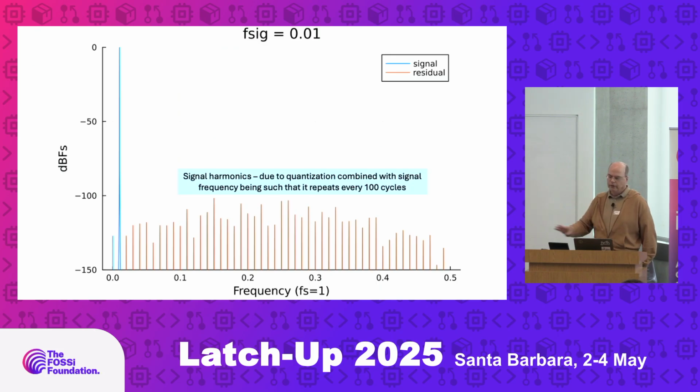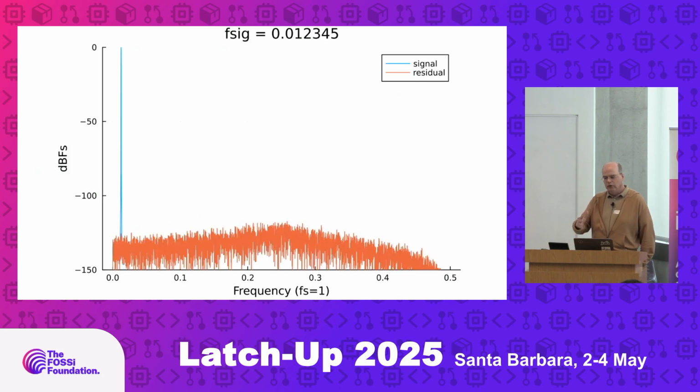So even though I'm running this thing for 16,000 cycles, it's really repeating every 100 cycles. So it's like a Fourier series. And as an example of something that's probably not a realistic way to be running this, if you run it at a slightly different frequency, or you add in more random noise, you can end up with more like this.